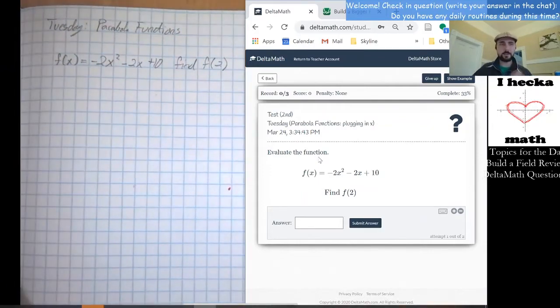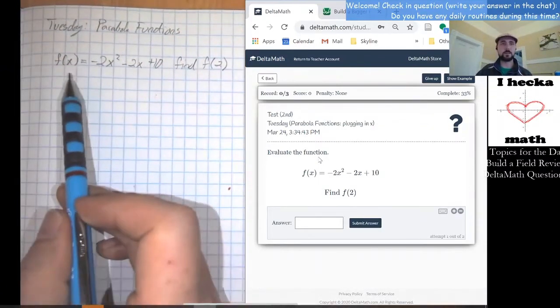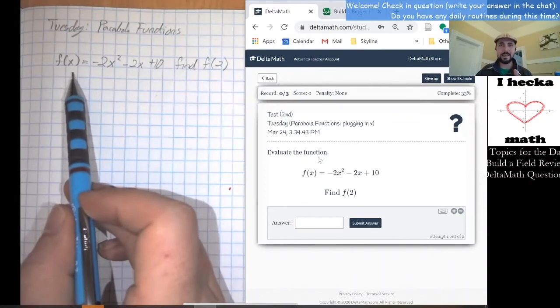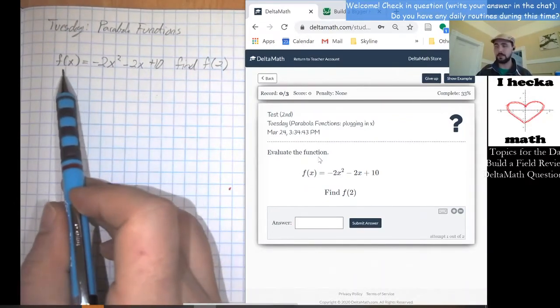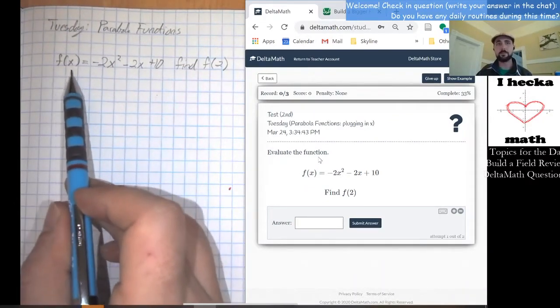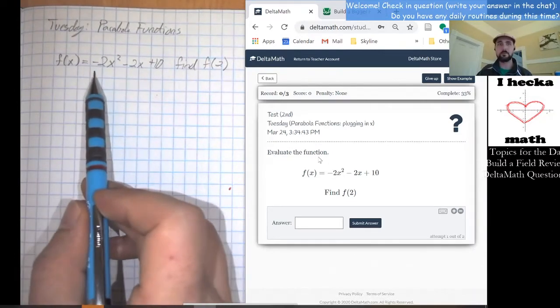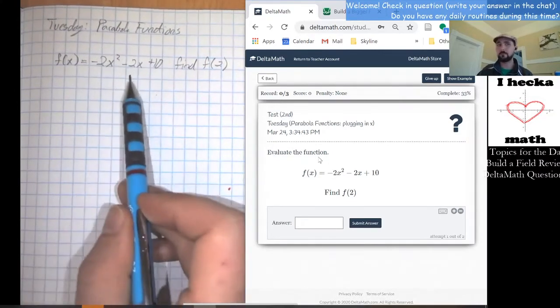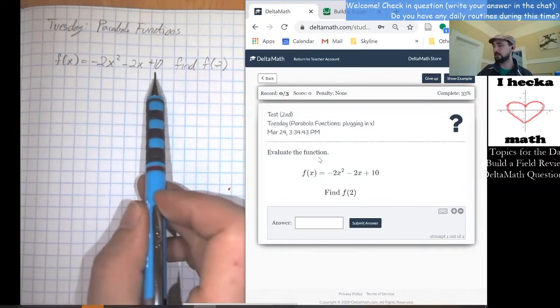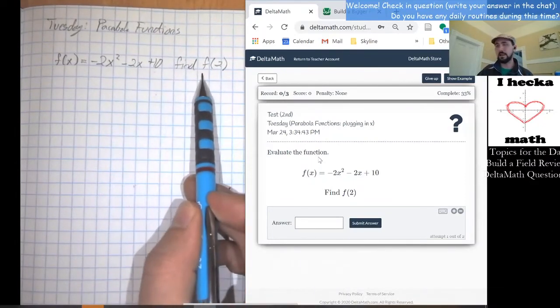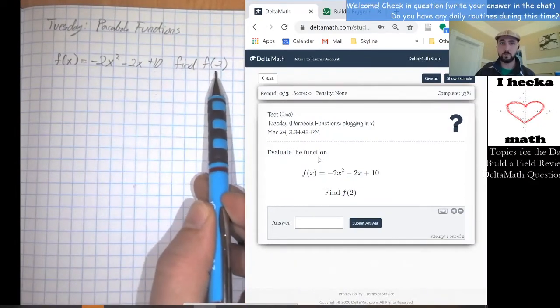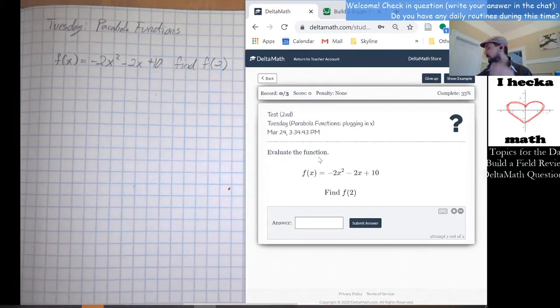Okay, so let me say this again one more time, because when we read a function, what we say is very different than what is necessarily written down. So this says f of x equals negative 2x squared minus 2x plus 10. Find f of 2. So this problem type is a classic, right?